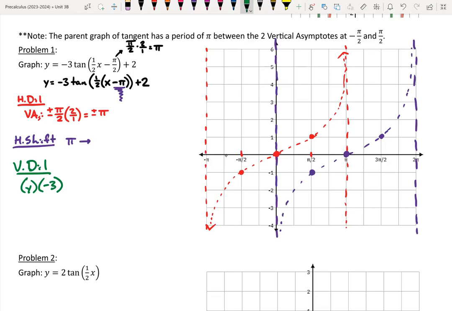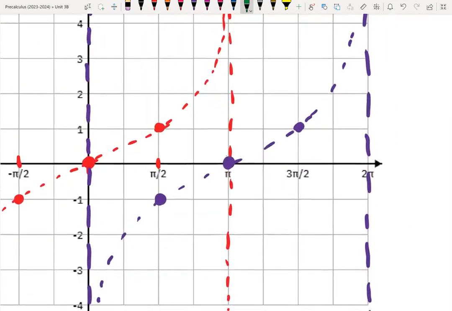But the 3 points are going to change. So let's look at our 3 points here. We're at the purple ones. The red ones got shifted, so now we're looking at the purple ones. Starting with this one here, -1. Where would that go then? +3. So we multiply by -3. What about 0? Still is 0, right? 0 times anything is 0. What about +1?